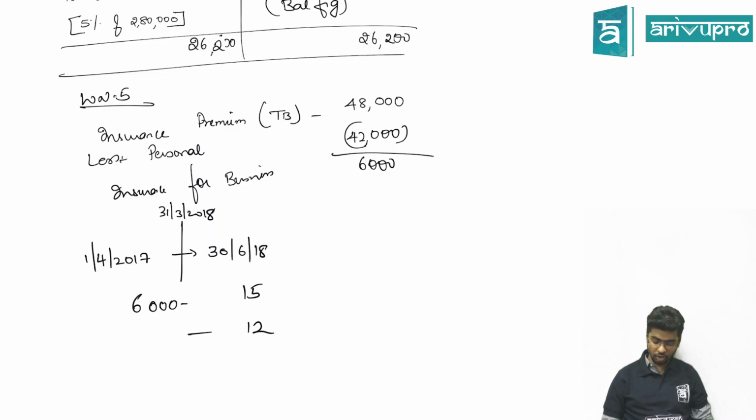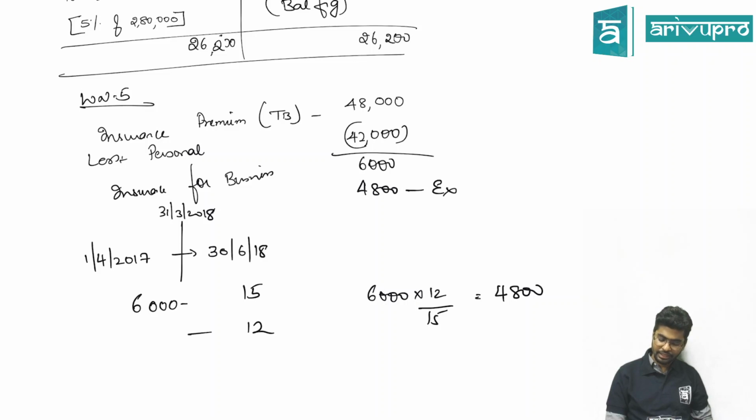How much is it? Do a cross multiplication, that is 6,000 into 12 divided by 15. How much? Hey, manual calculators. Use calculator and tell first. How much? So out of 6,000 rupees, 4,800 is my expense for the year.